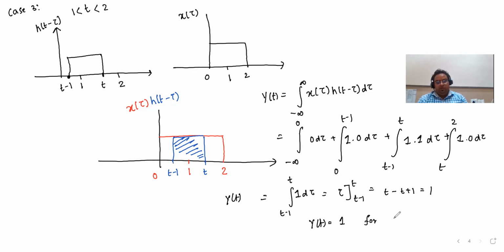Now the fourth case, and that is the last case, is when t is lying between 2 and 3.